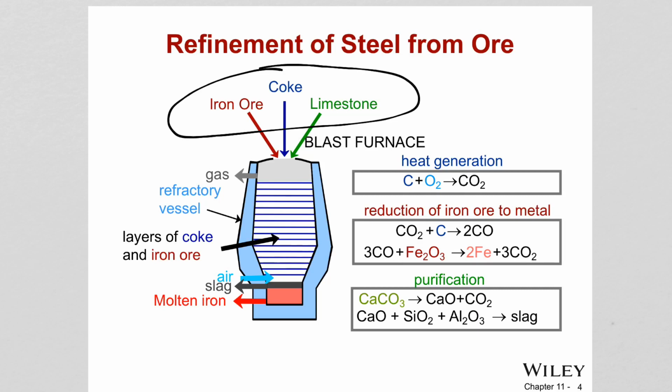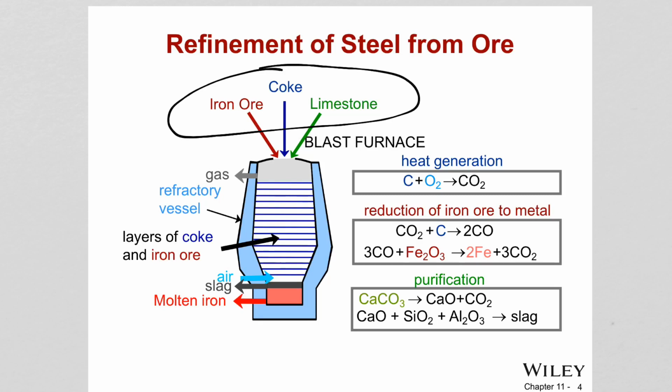Then for purification, meaning the removal of impurities such as silicon and alumina, these react with calcium carbonate and are removed from the iron. Pretty much you are trying to purify, removing the impurities.